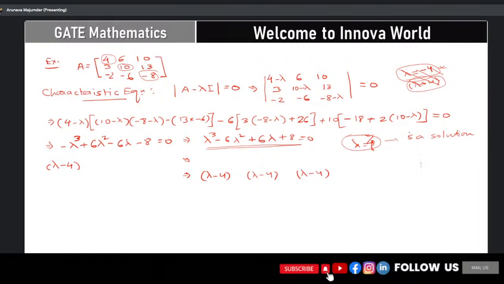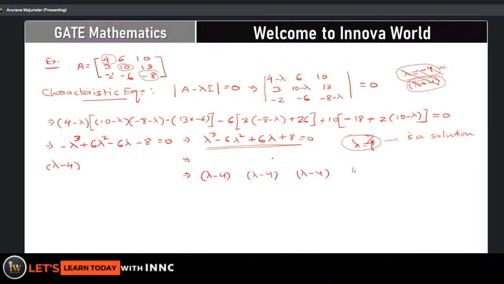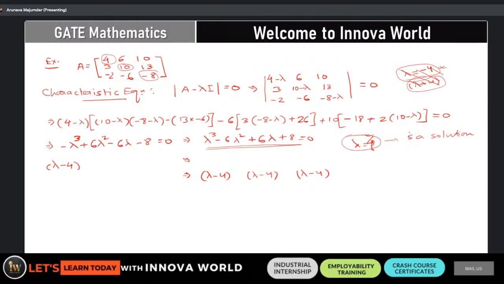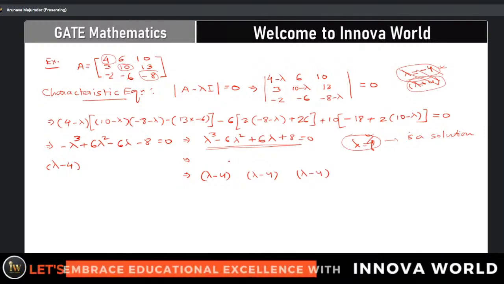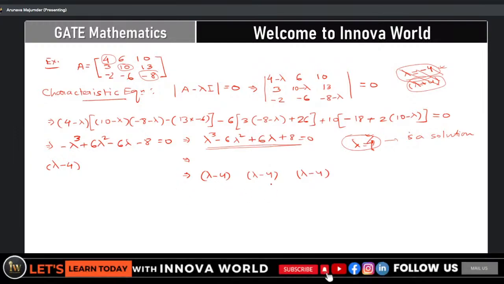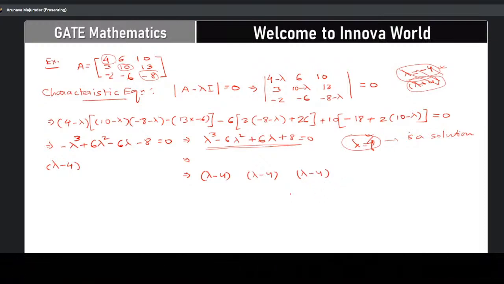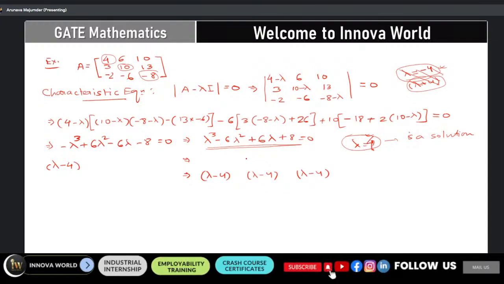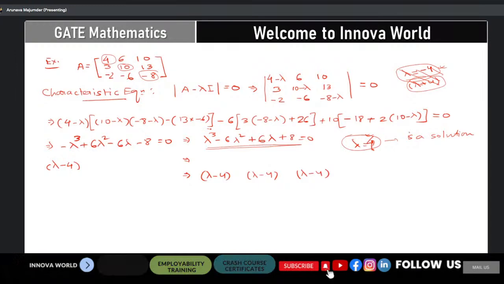In between, we leave one step empty to balance the equation. In the third step, write three factors, lambda minus 4, with some gaps in between. Now balance the first and third equation.